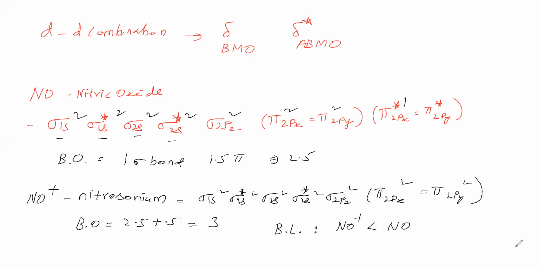Okay, next we will take carbon monoxide. In the previous case we took nitric oxide, now we take carbon monoxide, and we will see its electronic configuration. The least energy orbital is sigma 1s, next is sigma star 1s, then sigma 2s, then sigma star 2s.